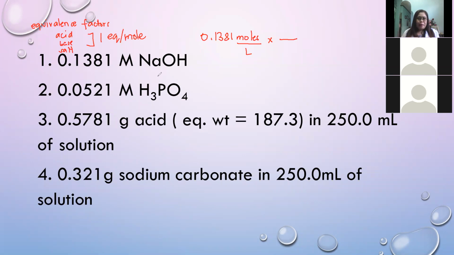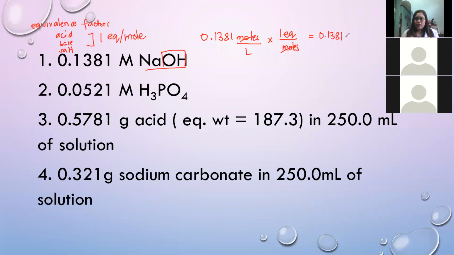So for example, this is NaOH. It's a base, so we count the number of hydroxides. Sodium hydroxide has one OH, so its equivalence factor is 1. The unit is equivalent per mole. We multiply it so the moles cancel, and this is still 0.1381.